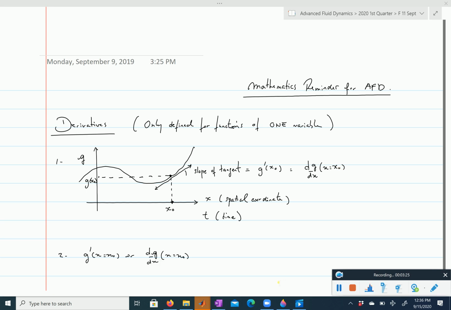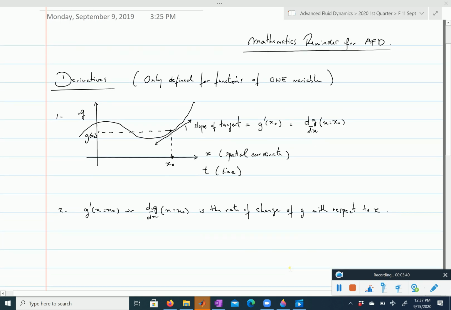The way I would sometimes refer to it is that you can think about this derivative g prime or dg/dx as being the rate of change of g with respect to x. Another way of writing that is to say that g prime gives us information about how the function g changes with a change in the value of the coordinate x.